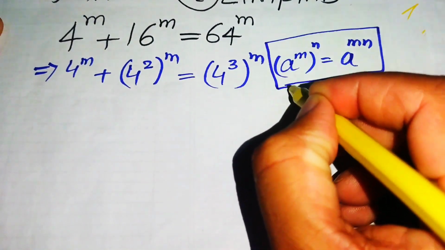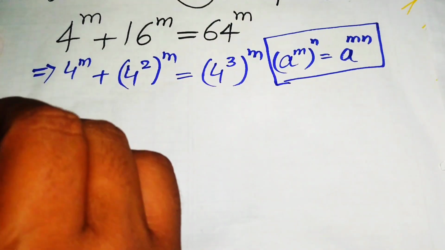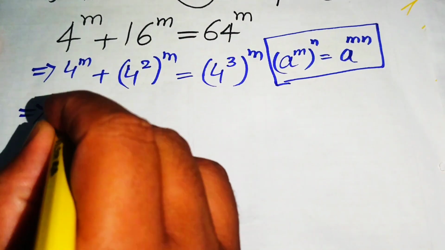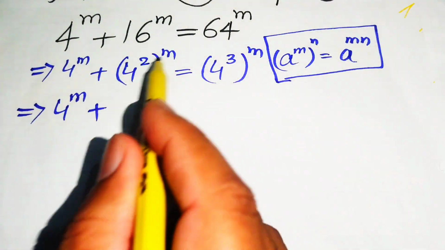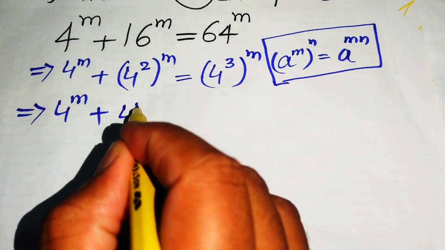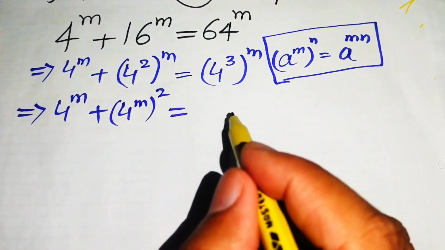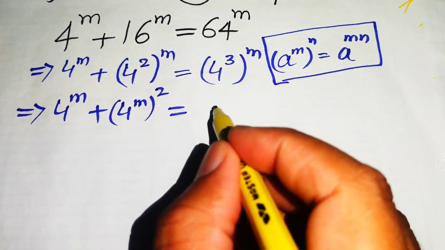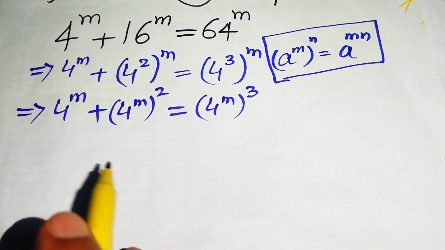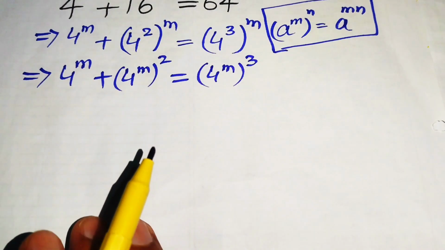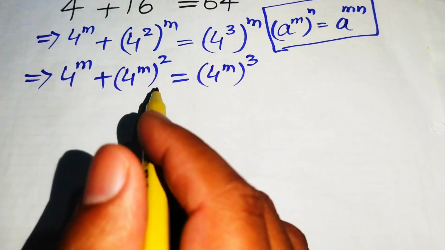So now we use this law so that this expression will be rewritten as 4 to the power of m plus, here we interchange these two exponents and write it as 4 to the power of m and its whole square. Similarly, here we interchange these two exponents and write it as 4 to the power of m and its whole cubed.